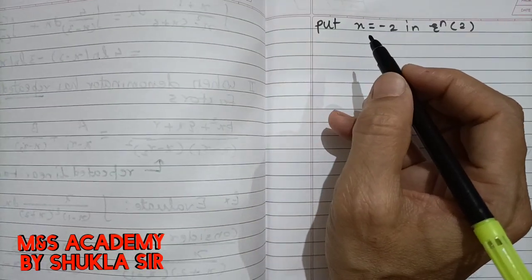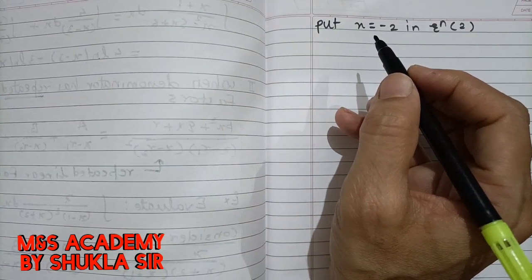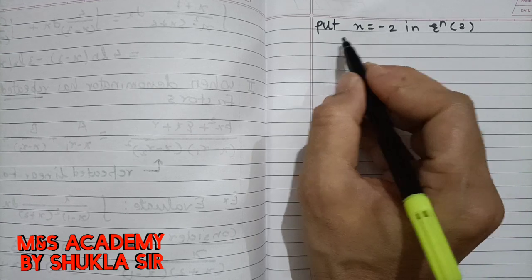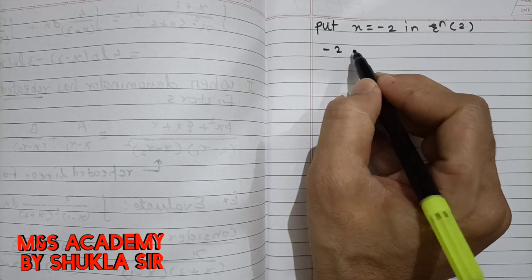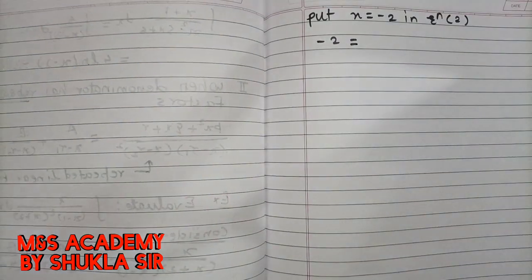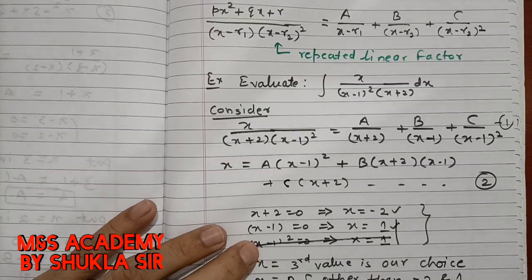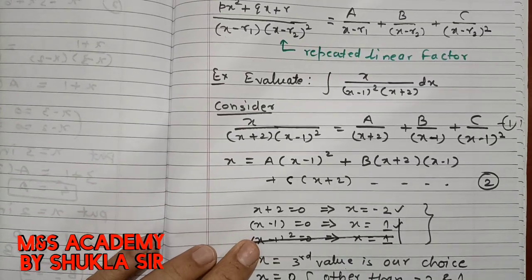So minus 2 is equal to, you can see here, after putting x is equal to minus 2, the c part and b part vanish.